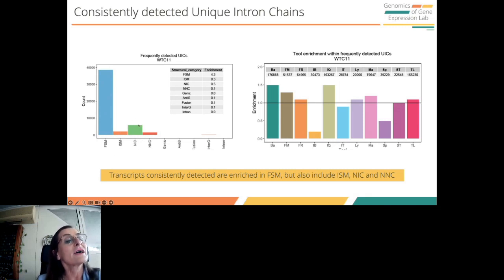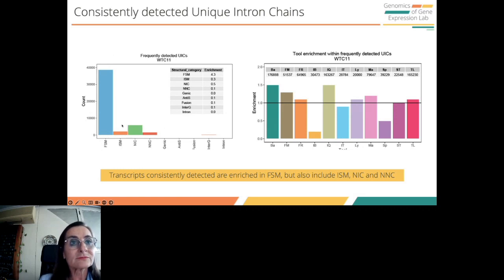So it seems that most of the agreement in novelty is on the novel in catalog, those that have alternative combinations of existing splice sites, which makes sense. But the known is where you have the agreement, and the tools that most support this view are represented here: Bambu, FLAMES, FLAIR, and IsoQuant, and a little bit Mandalorion.